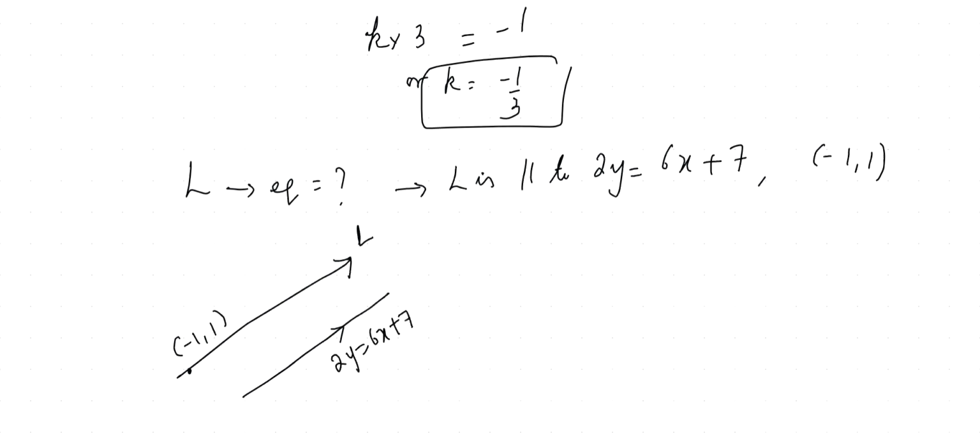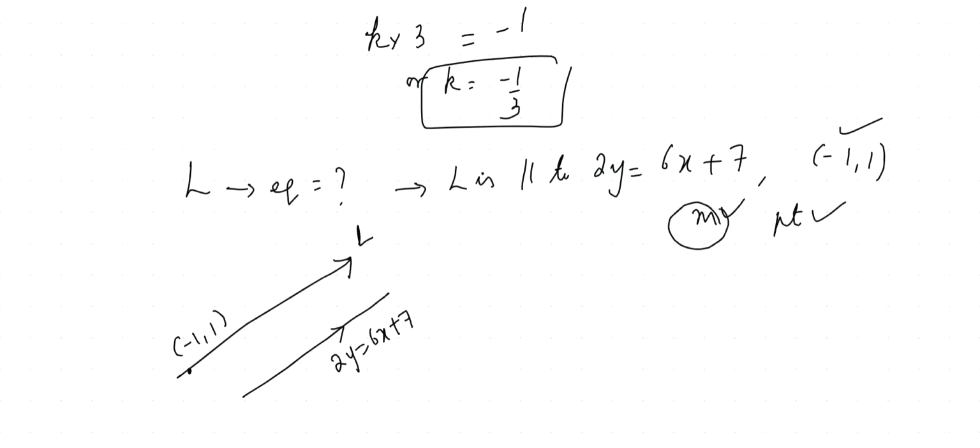Now, if I want to find the equation of any line, you need to know the slope, that's m, and you need to know a point. We do have a point, -1, 1, because the required line passes through it. Do I know its slope? I do know its slope in an indirect way.